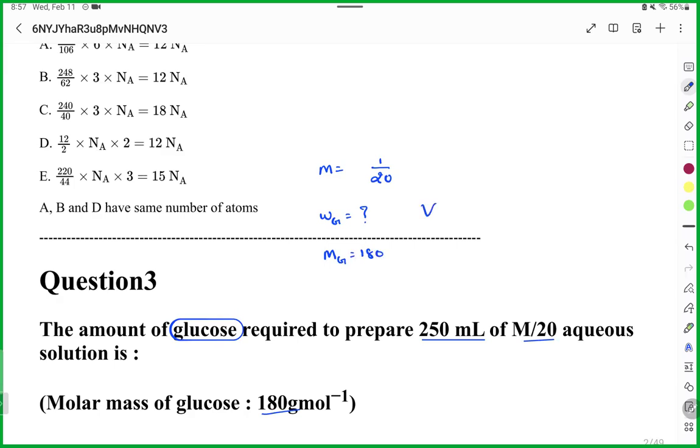Volume of the solution is 250 ml. How to calculate? Molarity is given mass divided by molar mass, times 1000 by volume of solution in ml. This is the formula.